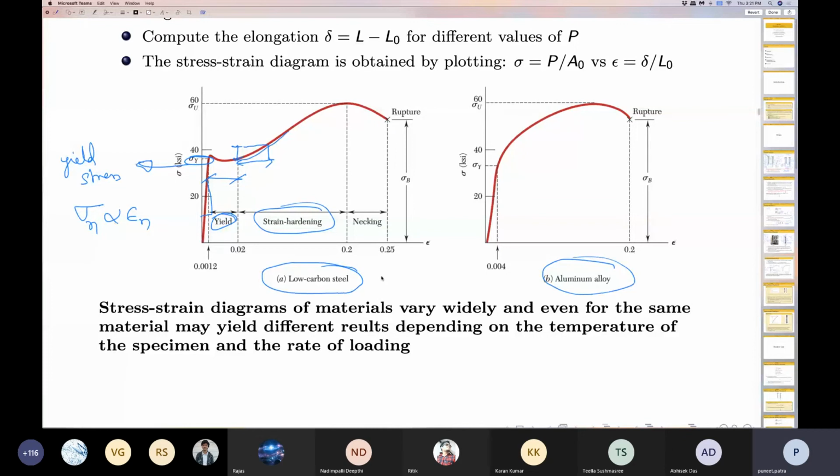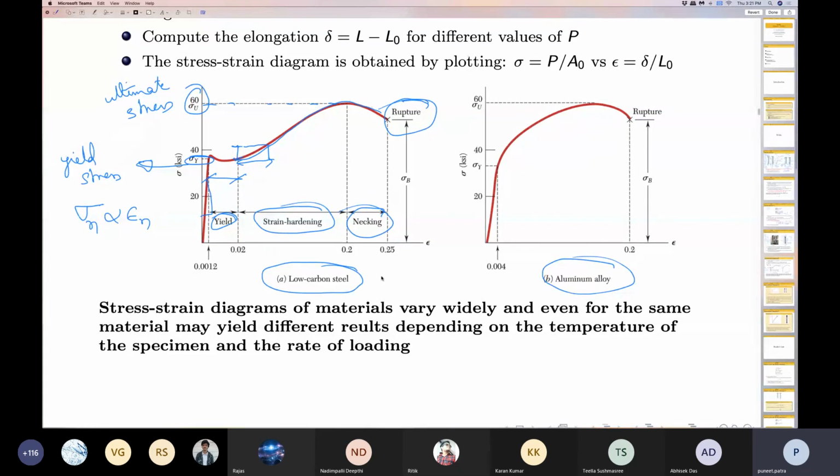Once you hit the peak of this strain hardening region, that part is known as the ultimate stress. This is the maximum stress that the member can withstand. If you keep increasing the load further, what would happen is there would be necking, which we will see in the next slide. Necking will occur within the specimen and eventually it will break off.